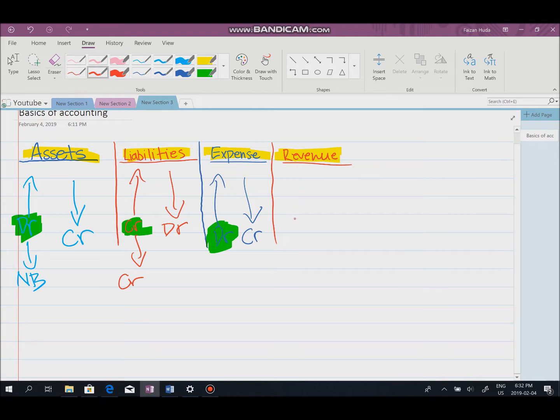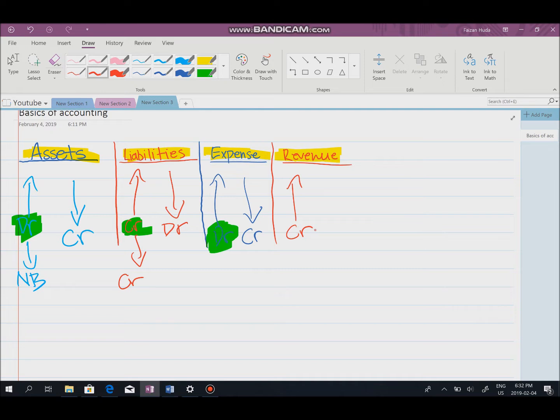For our revenue to increase, we credit it. And the reason we credit revenue is because revenue increases our owner's equity. Whenever a company earns revenue, owner's equity goes up.